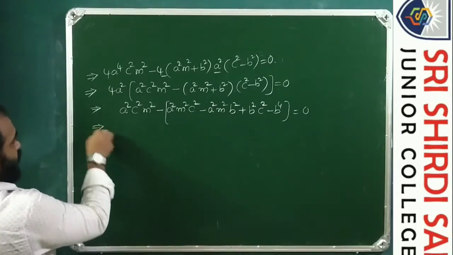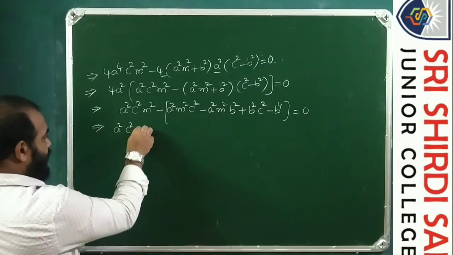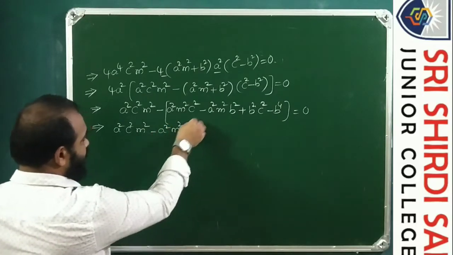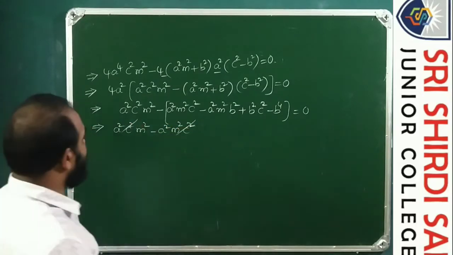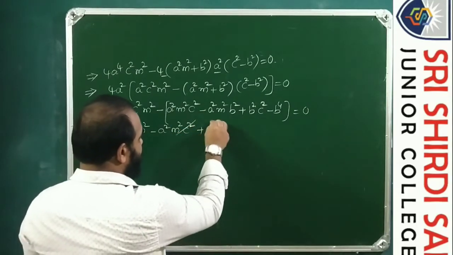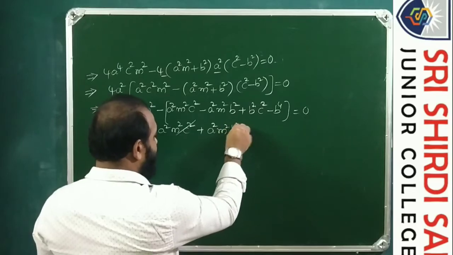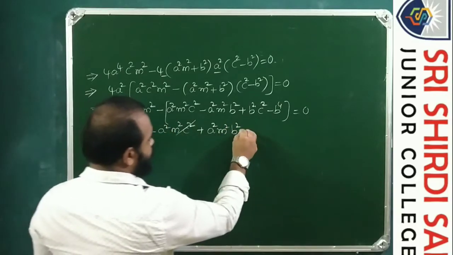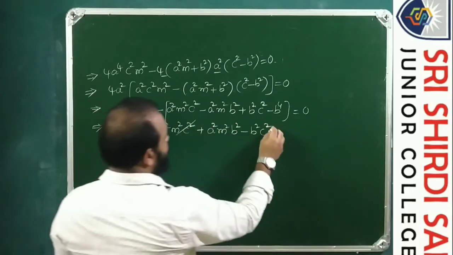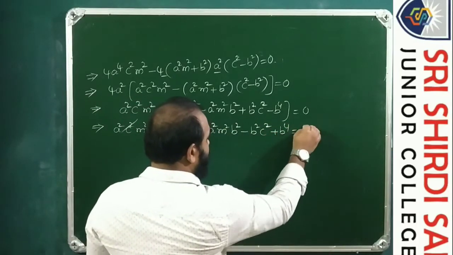So a square c square m square minus a square m square c square cancel. Then plus a square m square b square, plus b square c square, minus b power 4 equals to 0.